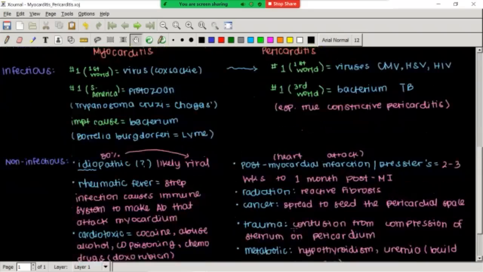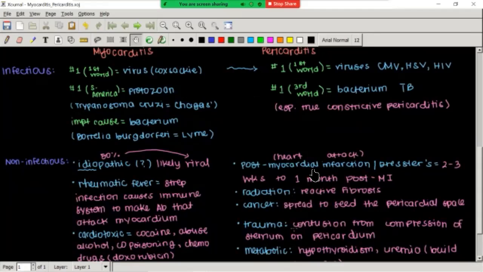I have post-myocardial infarction, the Dressler's syndrome, which is a second heart attack. So you can have that 2 to 3 weeks or even 1 month after you had your first myocardial infarction. It's called the Dressler's syndrome.